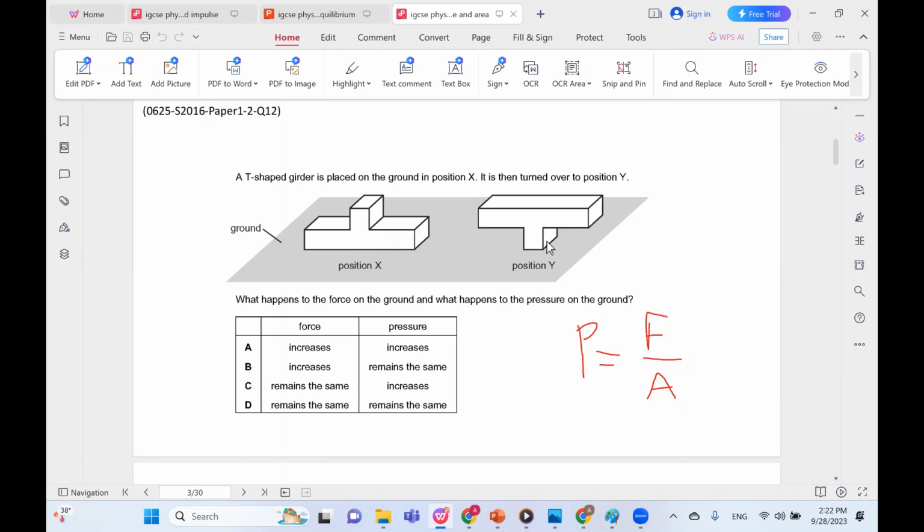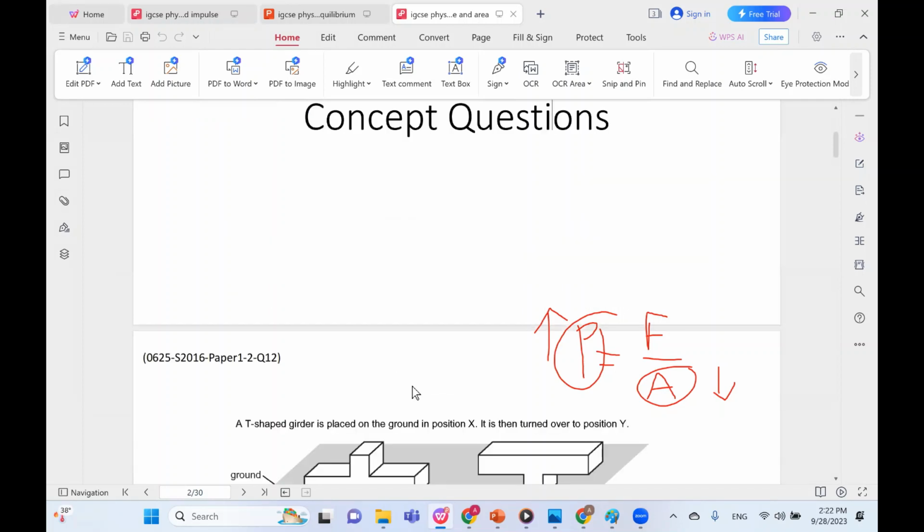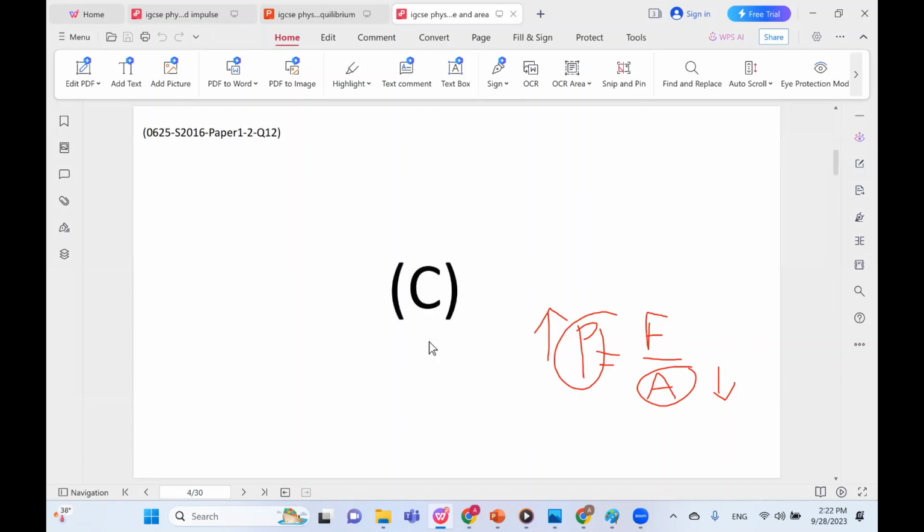But in position Y, the area of contact is very limited. So since the area decreases, I'm dividing by a smaller number for the same force, so I get a higher pressure. So in this case, the answer is choice C. The force remains the same and the pressure increases. So the correct answer is choice C.